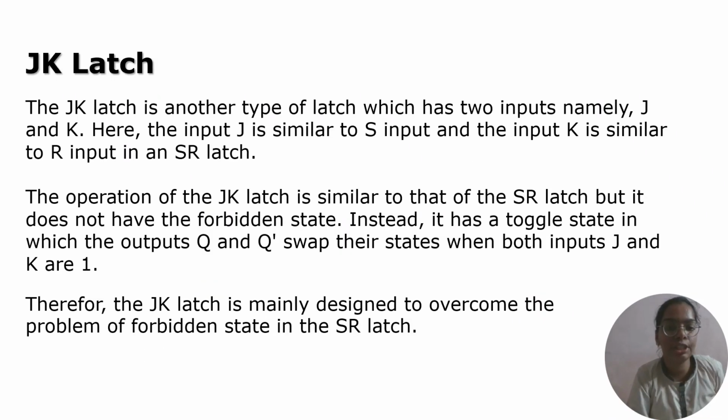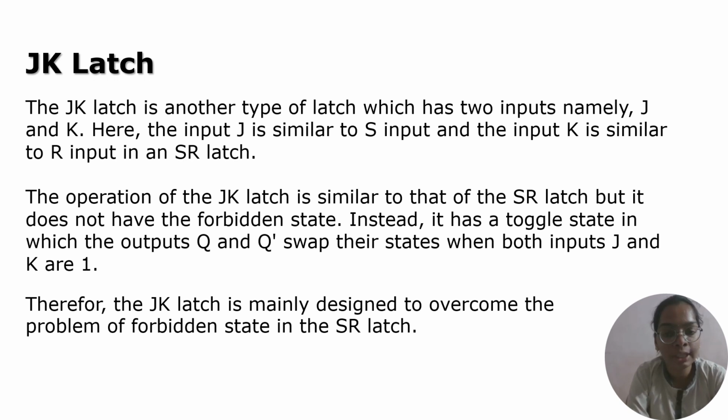The second latch is the JK latch. The JK latch is another type of latch which has two inputs, namely J and K. Here the input J is similar to the S input and the input K is similar to the R input in an SR latch.